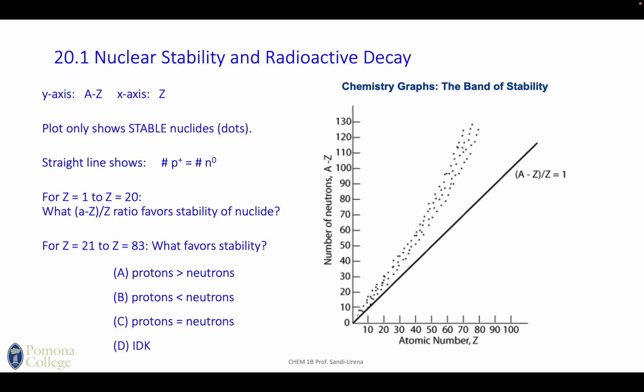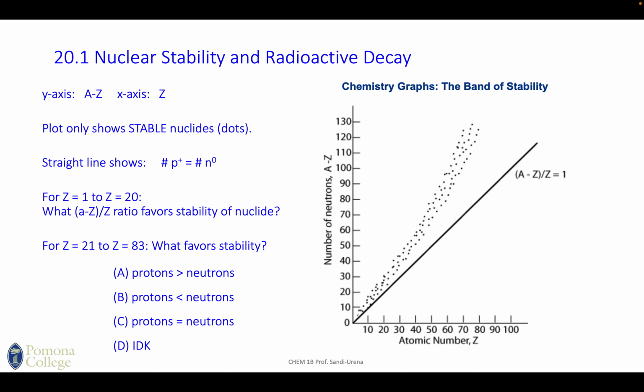So for elements or nuclides that are between 21 and 83, what can we tell? If we look at the elements in this range, we see that the dots are above the line that corresponds to the ratio equal to 1, equal number of neutrons and protons.